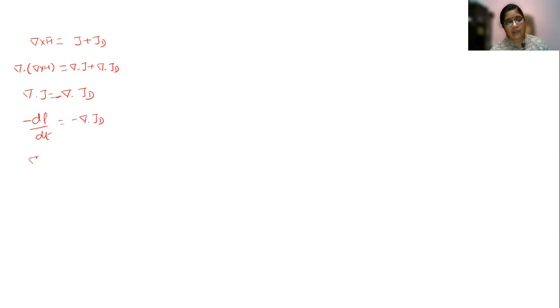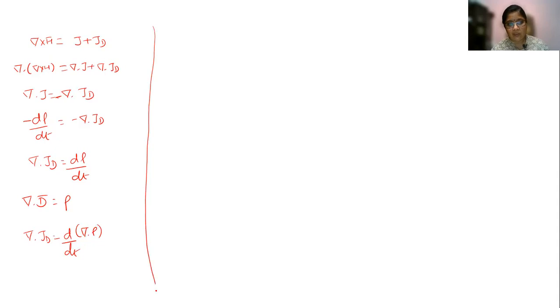Or I could say del dot Jd is equal to d rho by dt, because the minus sign cancels out on both sides. Now this rho, the charge density, is also used in Maxwell's first equation, wherein del dot D is equal to rho. So I could substitute that here.